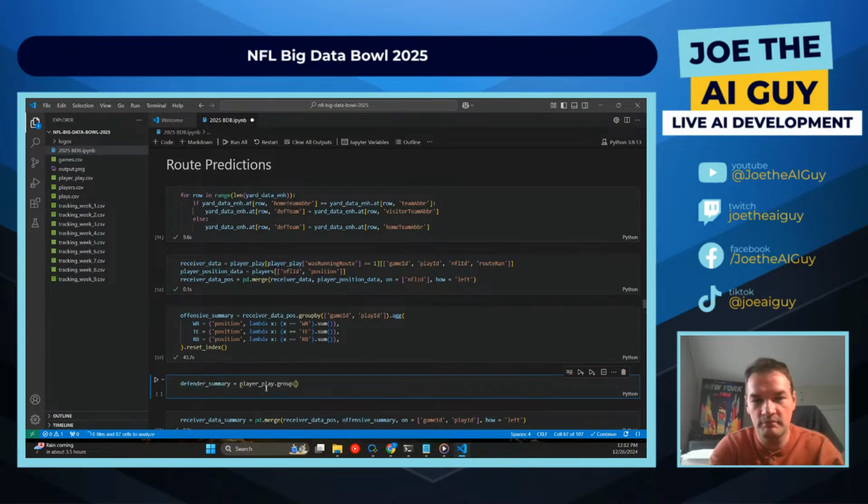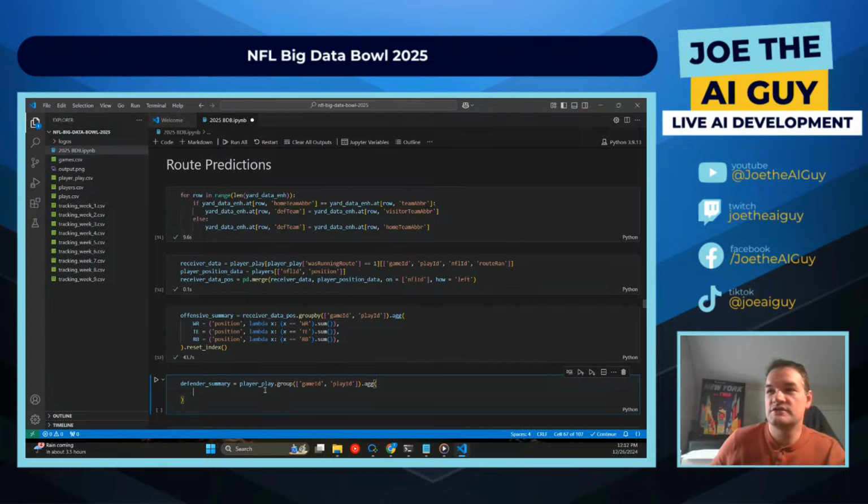We're going to then group by the same setup here, game ID and play ID, and we're going to do an aggregation. Now, very similarly, notes here. You want cornerbacks.